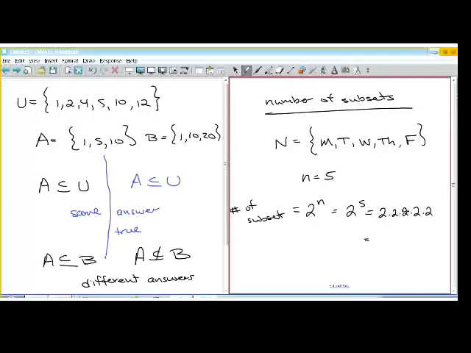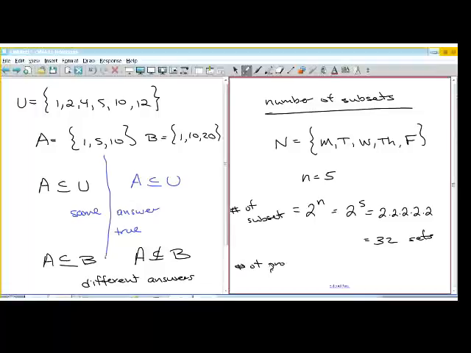So 2 times 2 is 4, 4 times 2 is 8, 8 times 2 is 16, 16 times 2 is 32. So there are 32 possible sets that you can get: 5 element sets, 4 element sets, 3 element sets, 2 element sets, 1 element sets, and the null set.